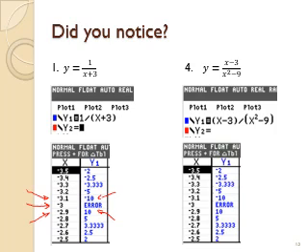Well, did you realize that the graph of number 4 does exactly the same thing? It definitely has an error at -3 because you're dividing by 0, but it also has a vertical asymptote. And not only does it have a vertical asymptote, but notice it has the exact same y values as the graph of number 1.